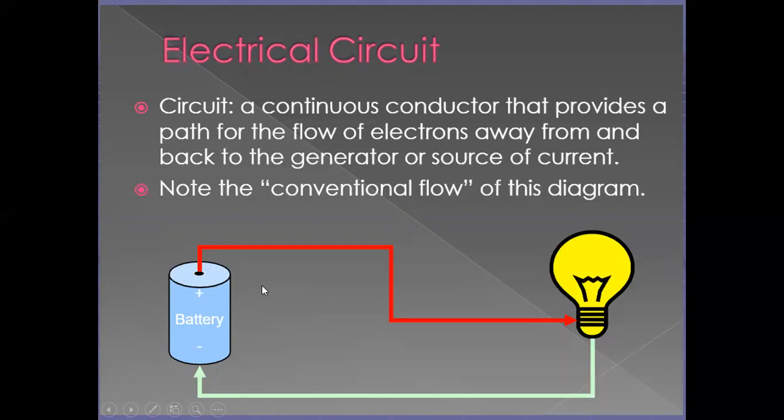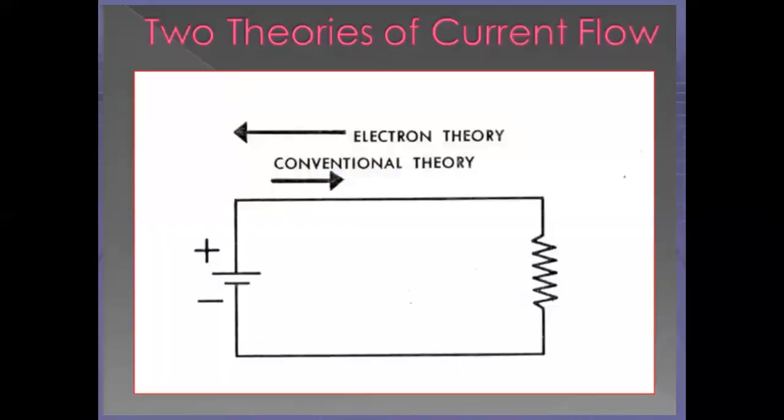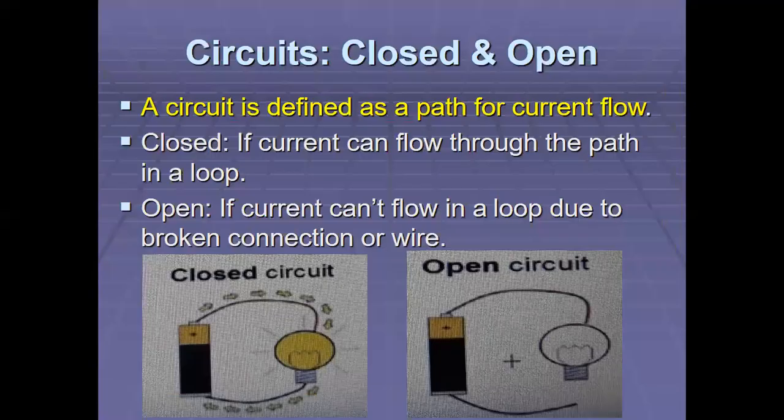Conventional flow is positive to negative, which we use in everyday life, but it's not actually the right one. So these two we can compare. Conventional flow is from positive to negative, whereas according to electron theory, the scientifically true one is from negative to positive as per electron movement. We can keep that in mind.